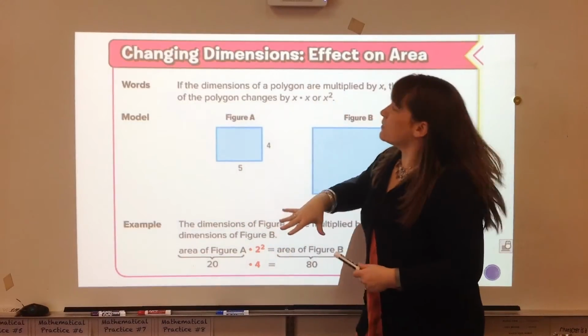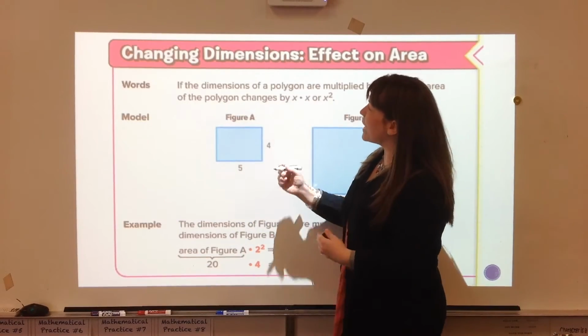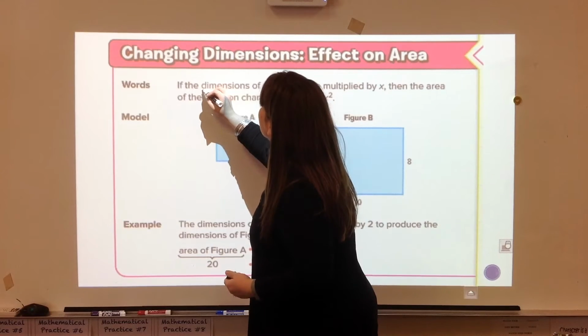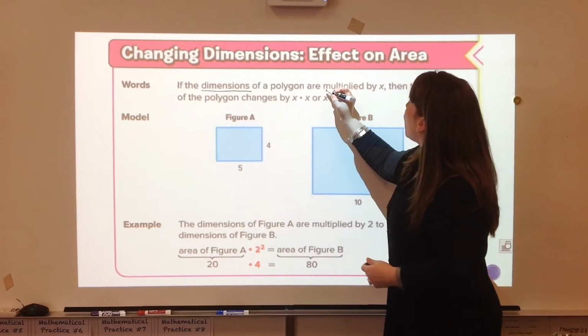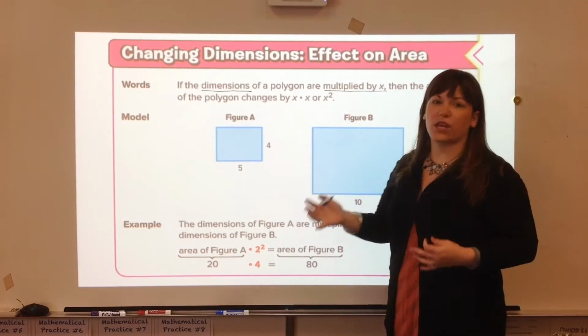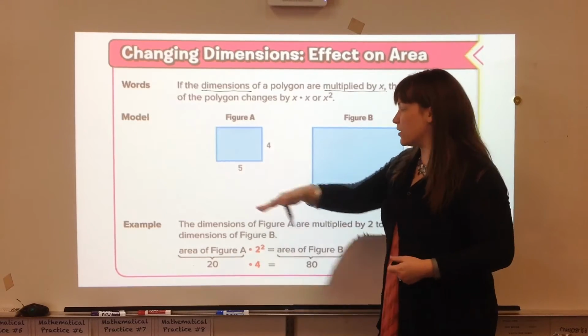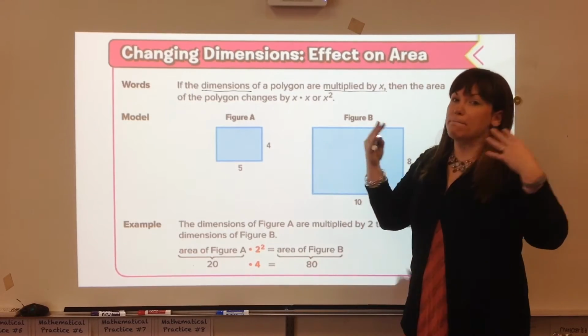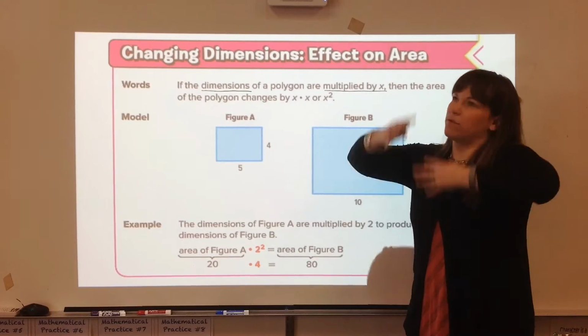Now I'm back on the front cover. If the dimensions of a polygon, so I'm talking about the sides, are multiplied by x, so say I'm going to take this rectangle and multiply it by 3, 4, 5.